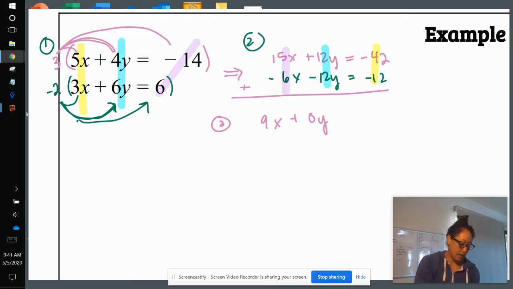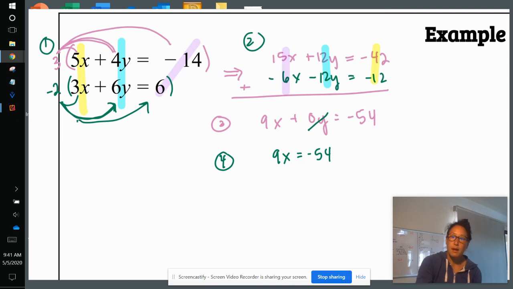And lastly, -42 minus 12 gives me -54. Okay. So step number 4, we're going to solve for x. I get 9x is equal to -54. 9 times x, so I'm going to use division to get x by itself, or give me 1x. So -54 divided by 9 gives me -6.